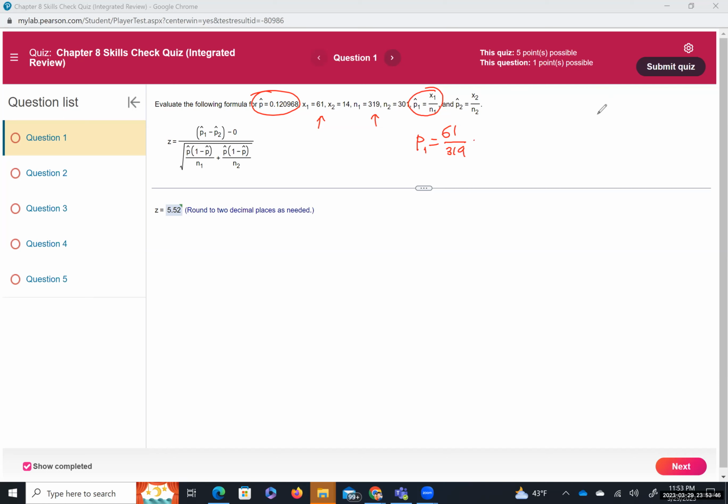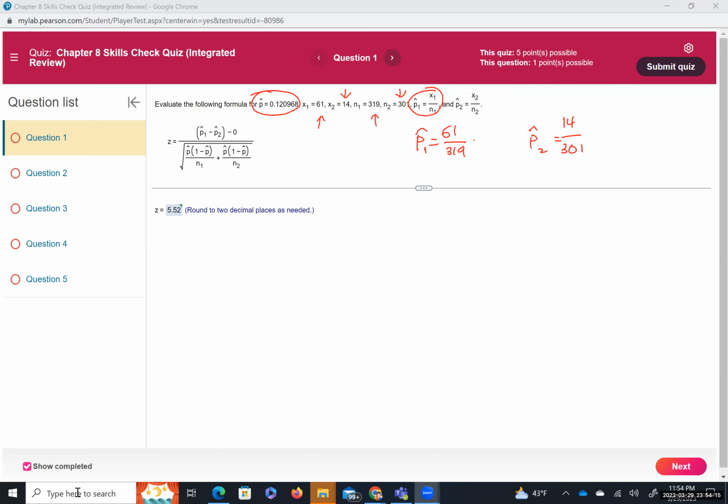Okay. And p2 hat equal to x2, which is 14, divided by n2, which is 301. Okay.